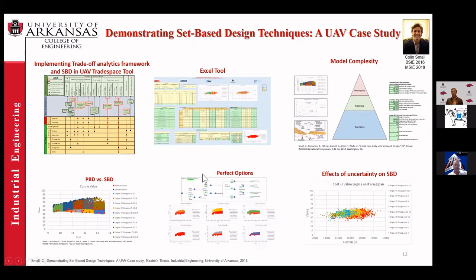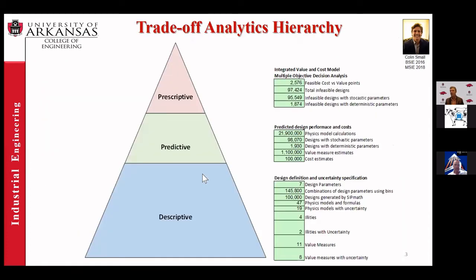Now, I told you this model was pretty complex, and this gives you an idea. We came up with this idea of a trade-off analytics hierarchy, which, if you're interested, we have a publication that talks just about it. I'm happy to send information on that. It breaks down to the descriptive, prescriptive, and predictive analytics, right?